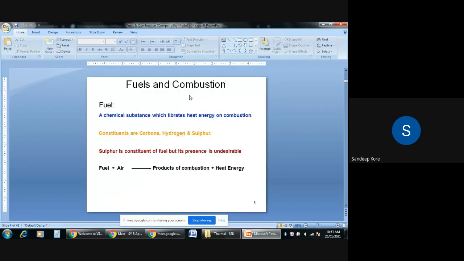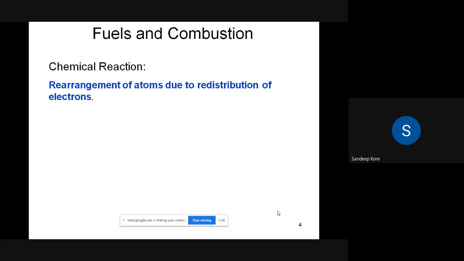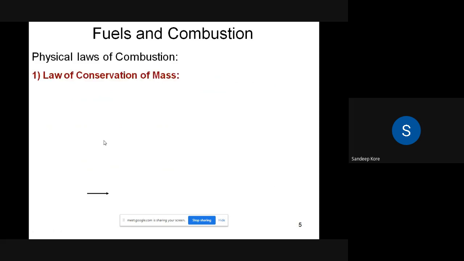There are two types of chemical reactions we have already seen: exothermic reaction and endothermic reaction. A chemical reaction is nothing but the rearrangement of atoms due to redistribution of electrons. In an exothermic reaction, heat is released. In an endothermic reaction, heat is absorbed. We are going to concentrate on the exothermic reaction.